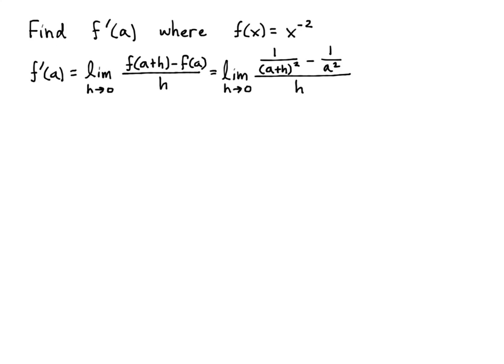But let's look at what happens if we had any old a and see how this works. Let's say we had this function, 1 over x squared. If I plug in my numbers, I get this expression here, which is just 1 over x squared with the values a plus h and a as x.